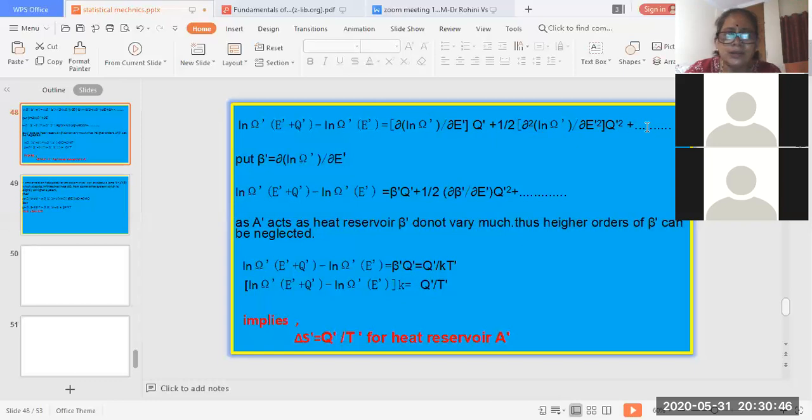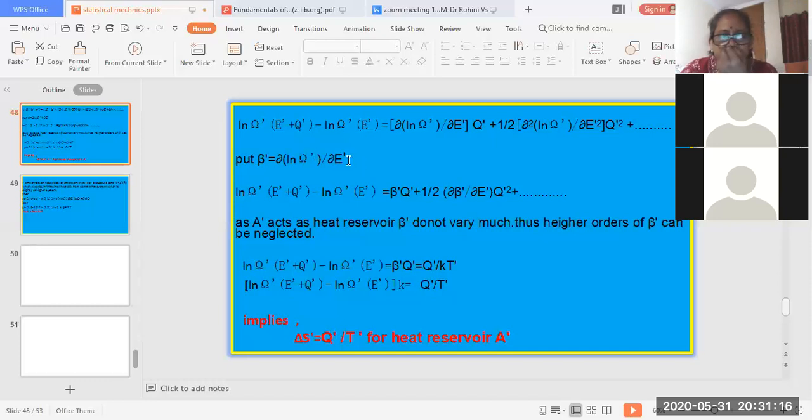Earlier in classes I have defined beta dash or beta, you can go back to your notes and you will get this definition. Beta is defined as the differential of the ln of accessible states with respect to energy. So I am taking beta dash equal to the differential of ln omega dash with respect to E dash.